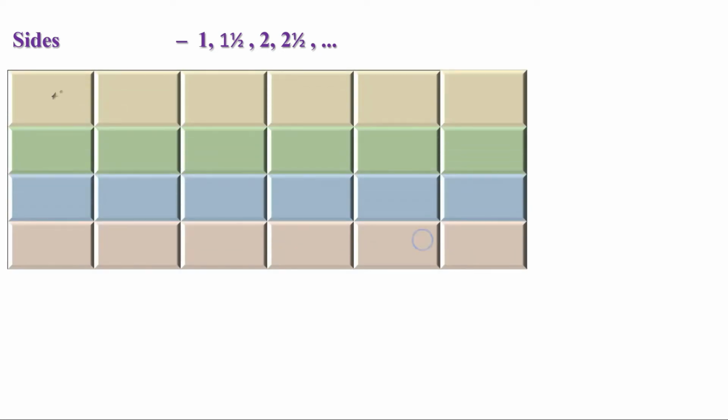Now let us find the position and term and the relation. First term is 1, second term is 1.5, third term is 2, fourth term is 2.5, fifth term is 3, and so on. Now you can see 1.5 is a mixed fraction.